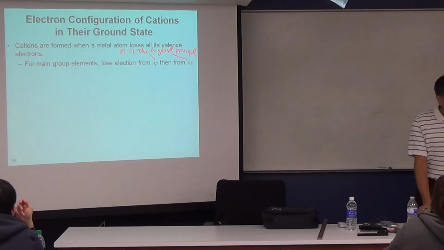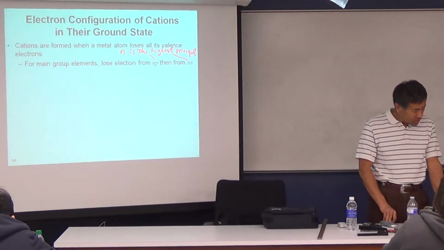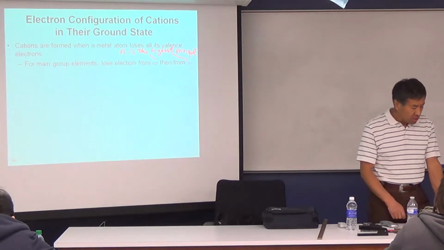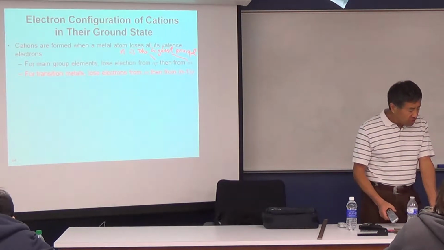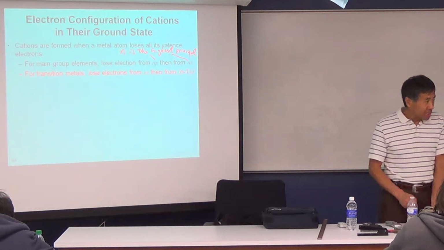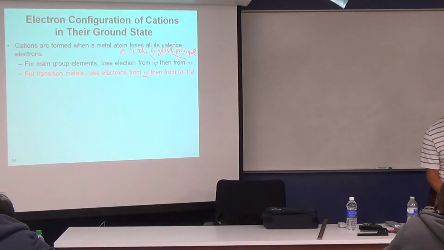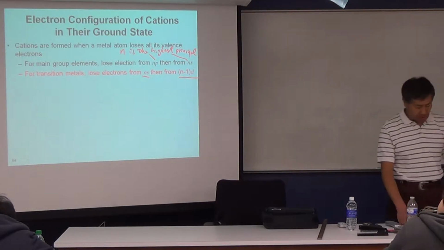That is easy: if you have the electron configuration for the group A metals, you just take the electron away from the highest ns or np. For the transition metals, it's a little different. You take the electron away from the ns first, and then from the (n minus 1)d. So keep that in mind. Which electron you take away first is very, very important.